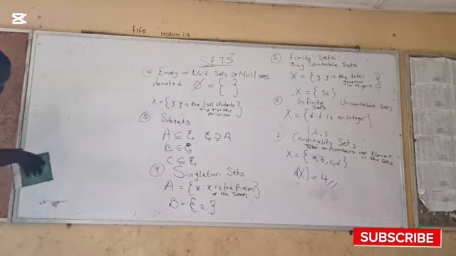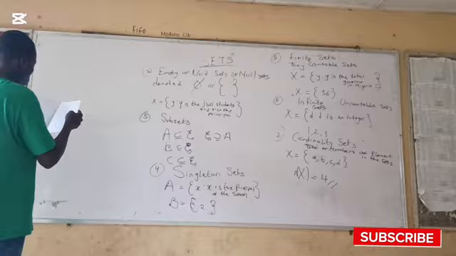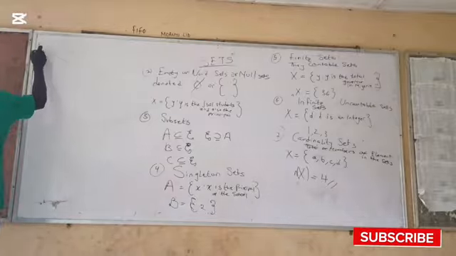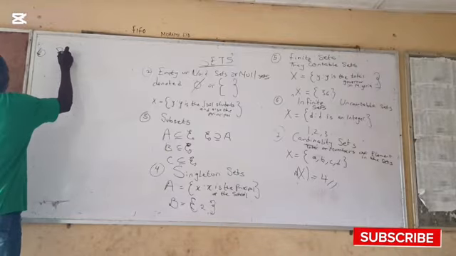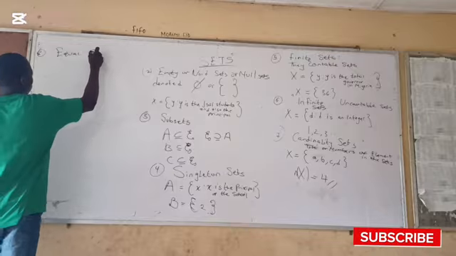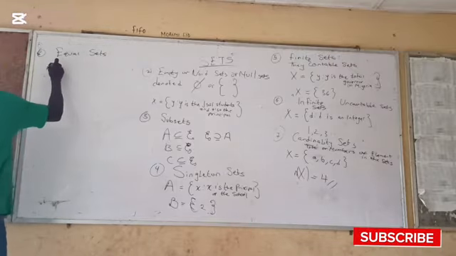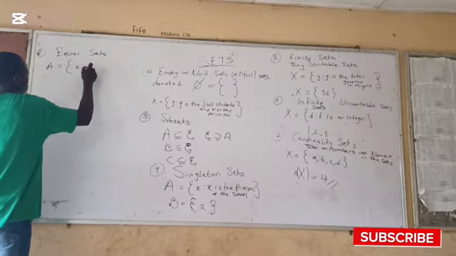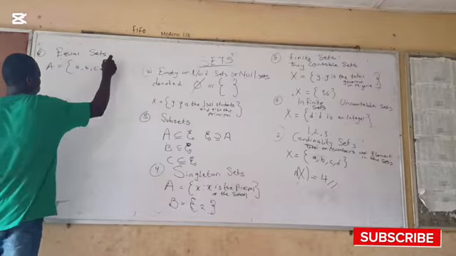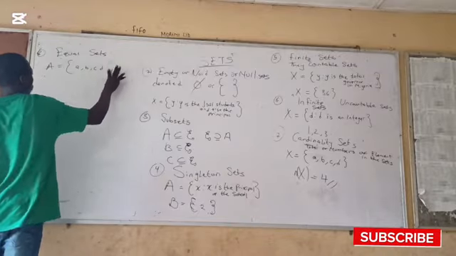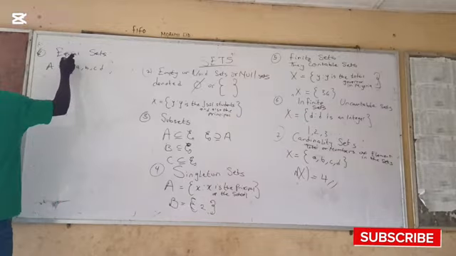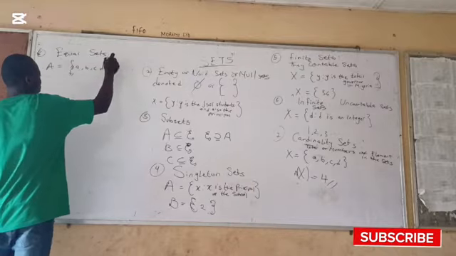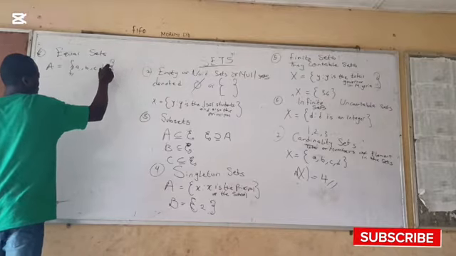And also, let's look at other terms. We have the equal set. The equal set, that's number 8, right? Equal set. For instance, we have set A to be {a, b, c, d}. Sorry for my bracket. Make sure you write it like this.